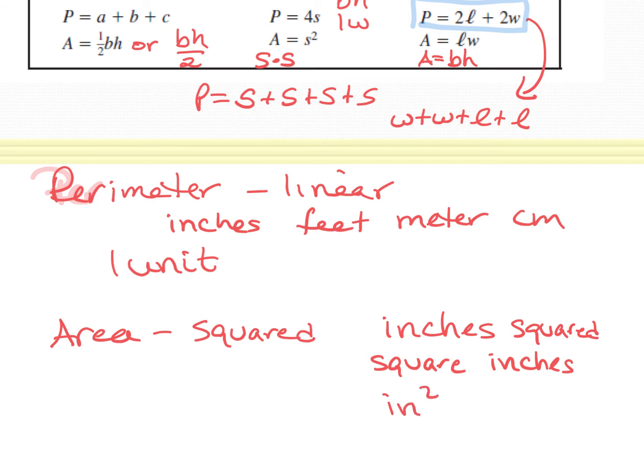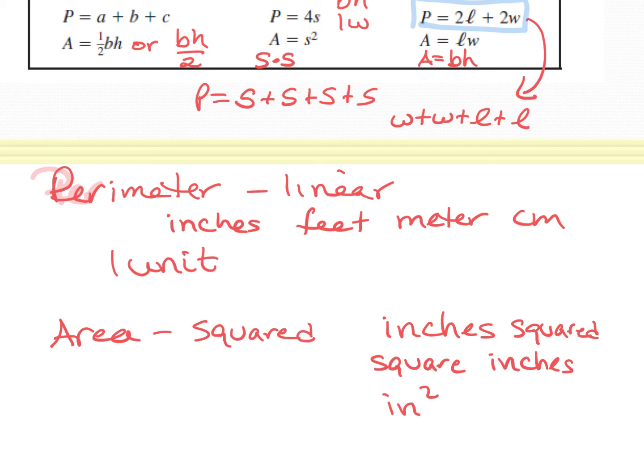So it may be inches, it may be feet, whatever's labeled in the picture as the units. So let's go ahead and try an example. Now, these 2 next examples we're going to do, they're on the coordinate plane. So when I go to label my answers, I'm just going to use the word unit. So let's try example 3.